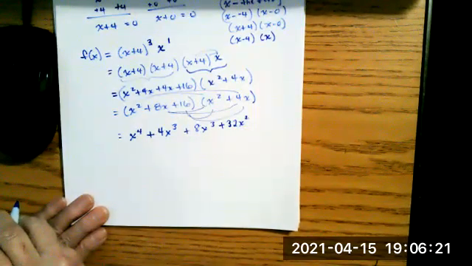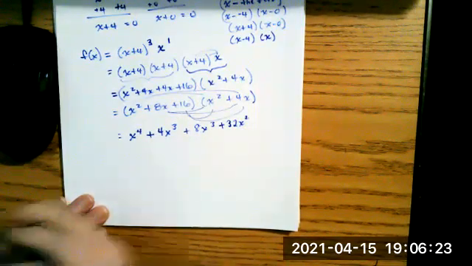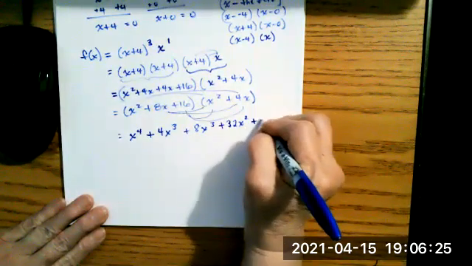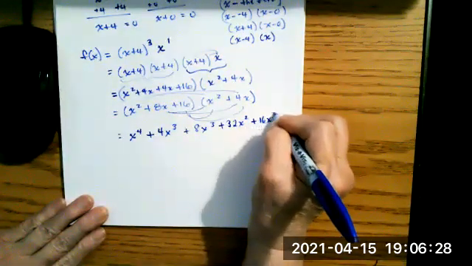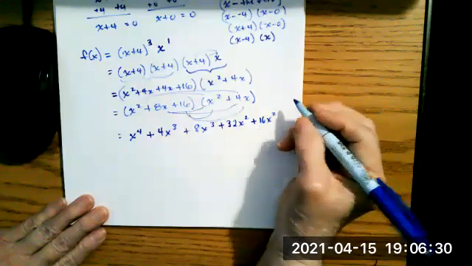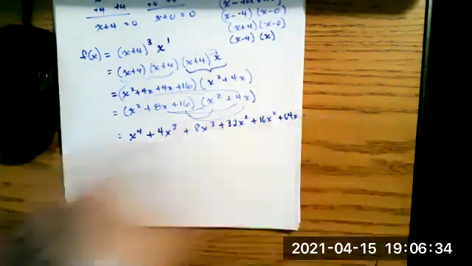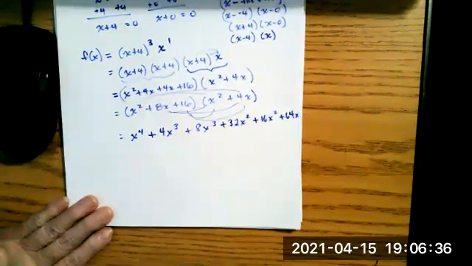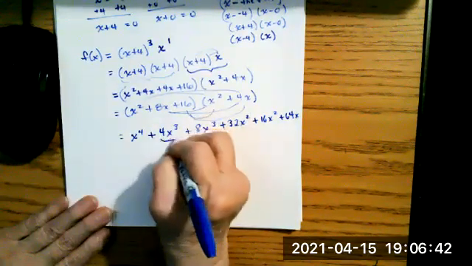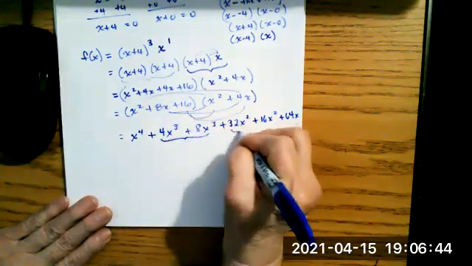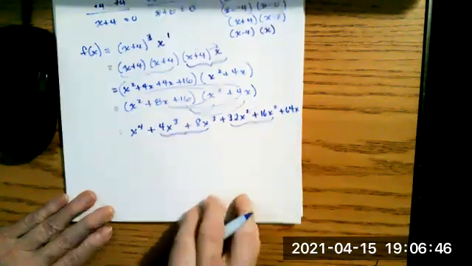Now I've done everything but my 16. I have to do my 16 times everything. So 16 times x squared is 16x squared, and 16 times 4x is 64x. So I think I've done everything I need to do, except I need to combine terms that look alike.